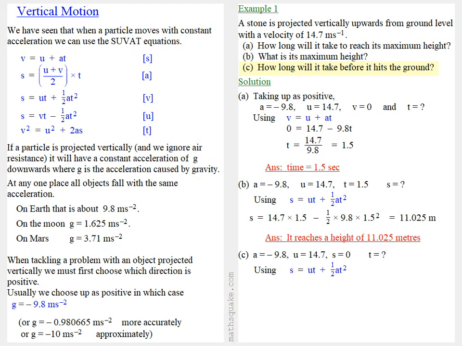So using s equals ut plus a half at squared, 0 equals 14.7t minus a half times 9.8 times t squared. So 4.9t squared equals 14.7t. So either t is 0 or 4.9t is equal to 14.7. So t is equal to 3. So it hits the ground after 3 seconds.